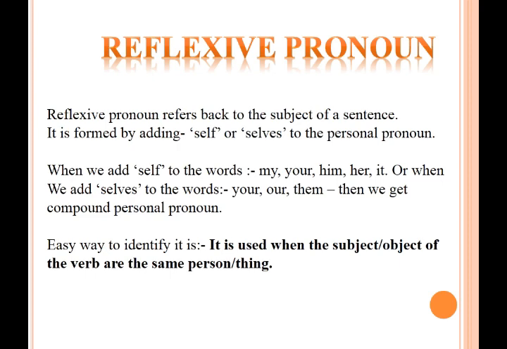So, compound personal pronouns are also known as reflexive pronouns. Now, an easy way to find out the reflexive pronoun is that reflexive pronouns are used when the subject and object of the verb are the same person or thing.